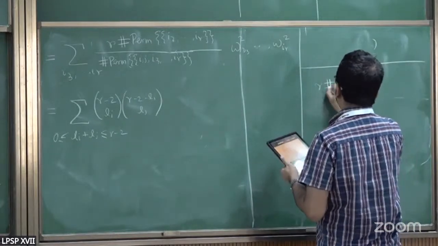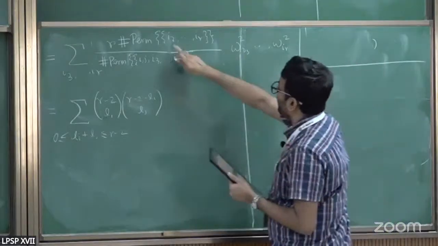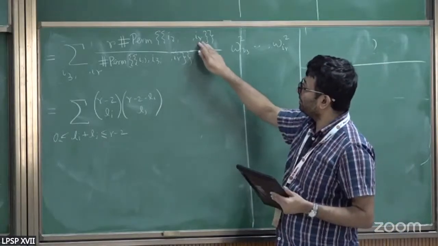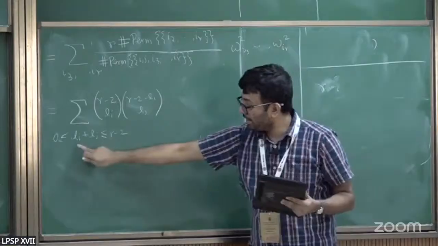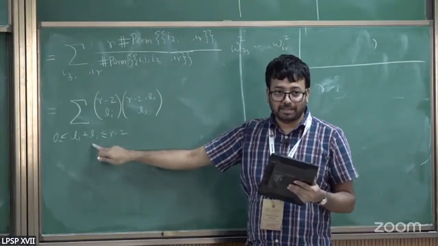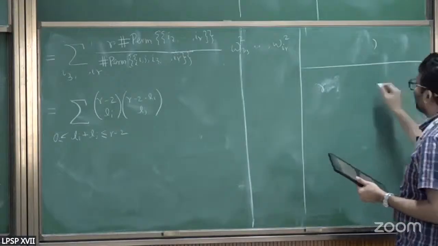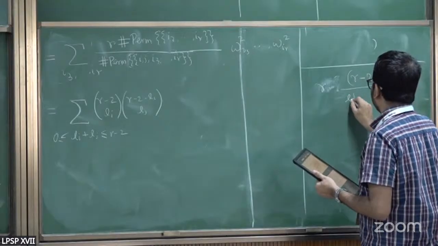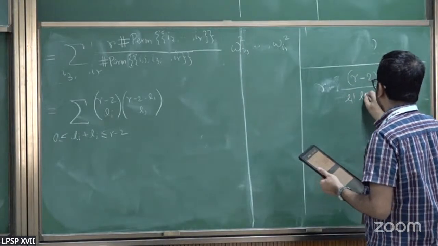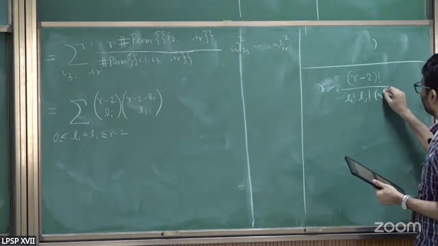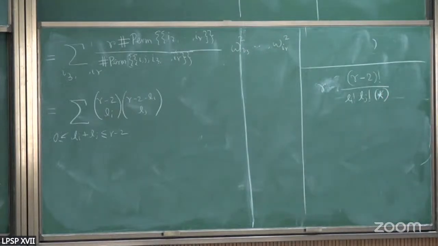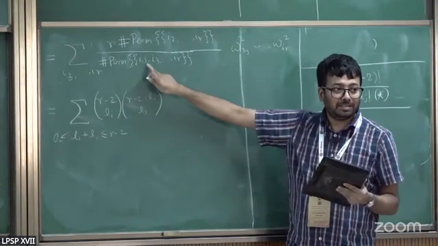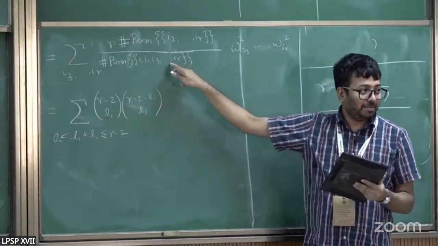What is this number? The number of permutations of I3 to IR. I know that in this I have Li many I's and Lj many J's, and the rest I don't care about. So the number is R minus 2 factorial over Li factorial, Lj factorial, and some other terms. Downstairs, I know there is one I and one J, and I also have Li many I's in the rest and Lj many J's in the rest.